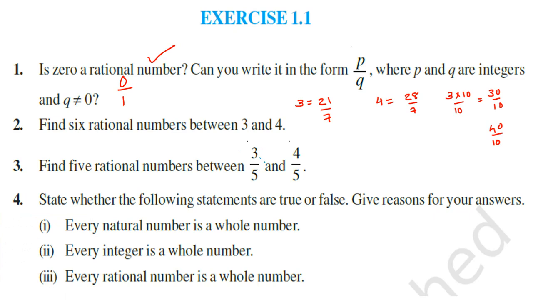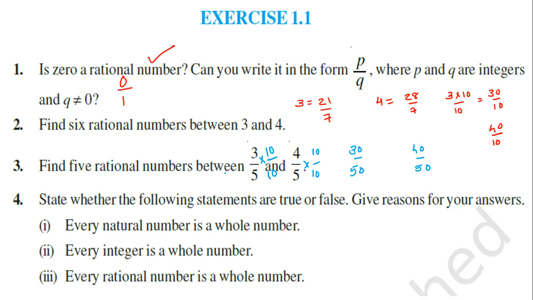If you multiply by 10, as per the rule of mathematics, we have to multiply both numerator and denominator. So 30 upon 50 will come. Here also the same thing we repeat: 40 by 50. And easily you can now write five rational numbers.